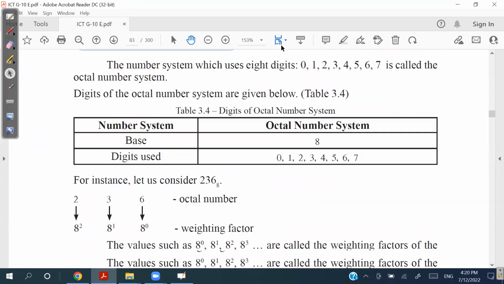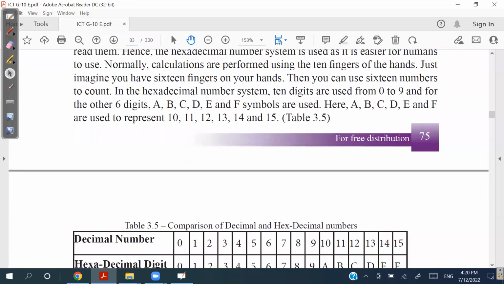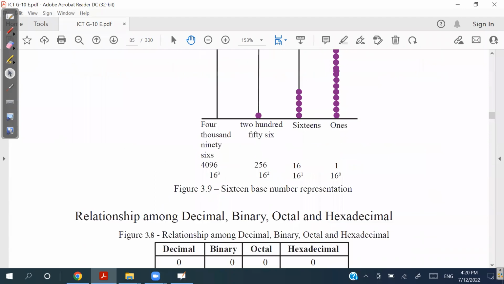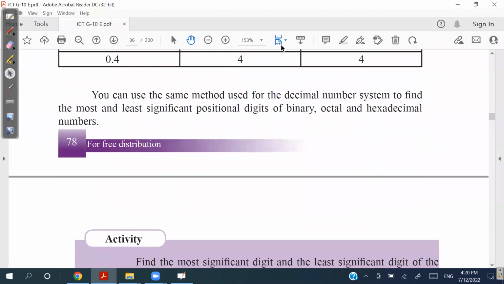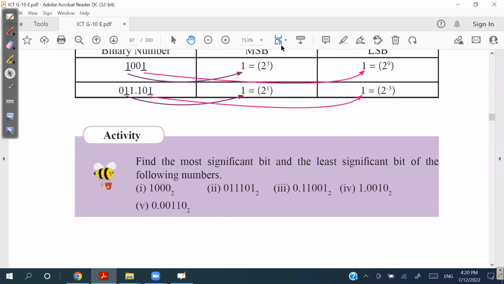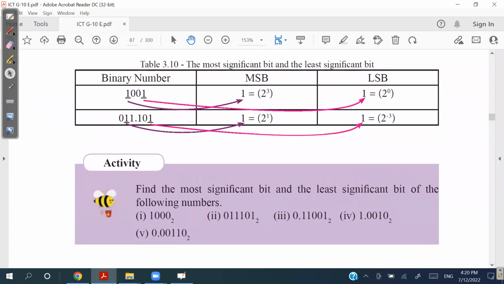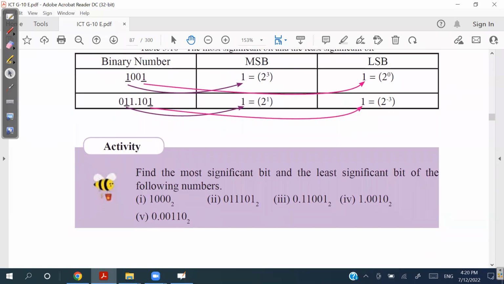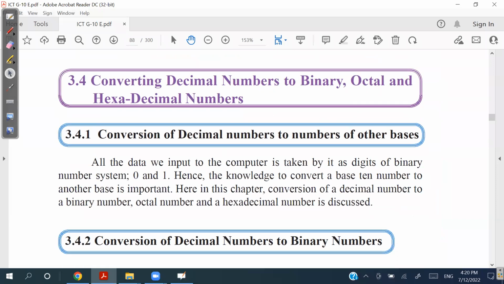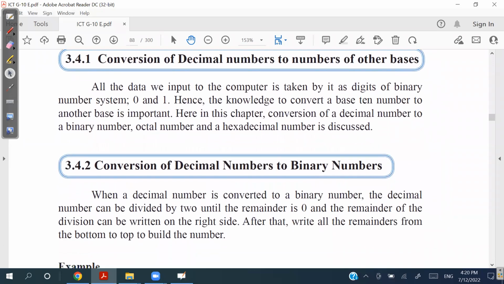We talked about the most significant and the least significant values. And the conversions.